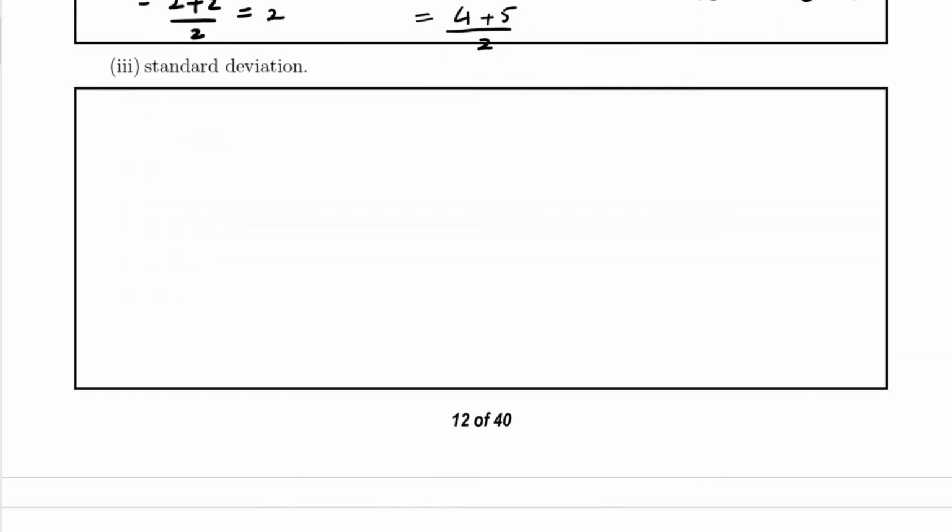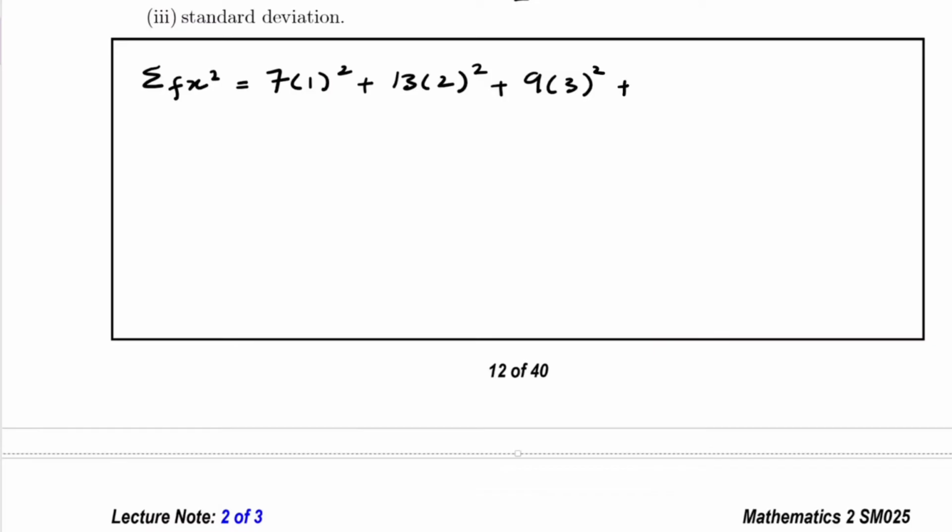The next one is standard deviation. So the total of fx squared is equal to 7 times 1 squared plus 13 times 2 squared plus 9 times 3 squared, and so on until the last data, which is 1 times 9 squared, to get the answer as 693.